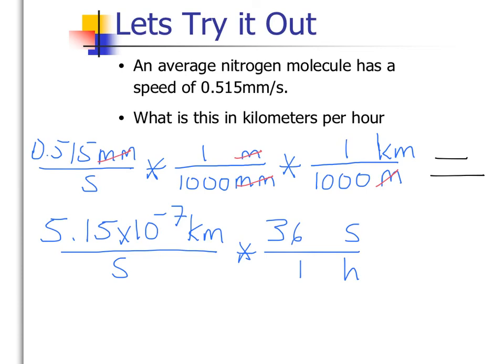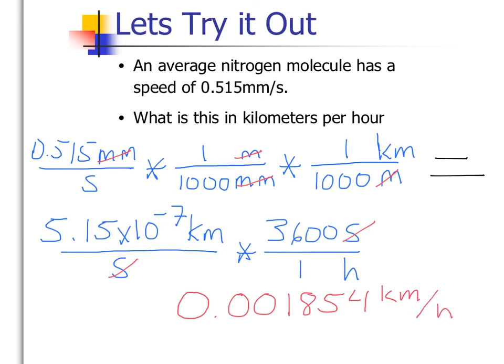It's 3,600, because that would be the equivalent of 60 times 60. I multiply across the top and not across the bottom, which would give me that canceled out. And multiply that times 3,600. I get an answer of 0.001854 kilometers per hour.